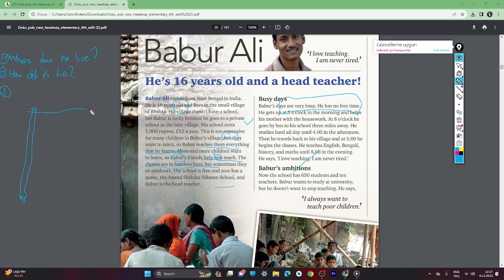So they close it with these huts and try to make a school like this, like we see in this photo. Okay, but sometimes they sit outdoors. They sit like this, outdoors. Outside, which means the school is free and now has a name, the Anand Kisha Nikitan School, and Babur is the head teacher. I guess he's the only teacher there.